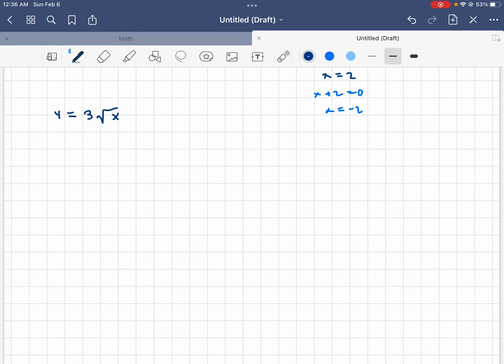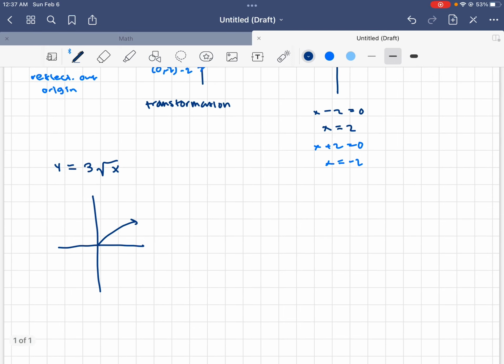So what this means is we're going to start with a parent function, but our parent function is going to be vertically stretched. It's going to experience a vertical stretch because when your slope, which is m, is greater than 1, your graph is going to stretch. If it's less than 1, your graph is going to flatten.